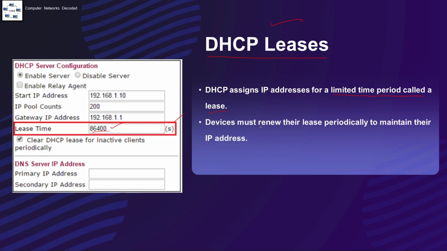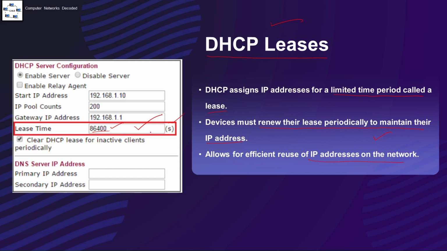You can configure this inside your DHCP configuration. Devices must renew their lease periodically to maintain their IP address. Before this time passes, the device must renew its IP address, and when the IP address is renewed, the lease is also renewed. So it allows for efficient reuse of IP addresses on the network.